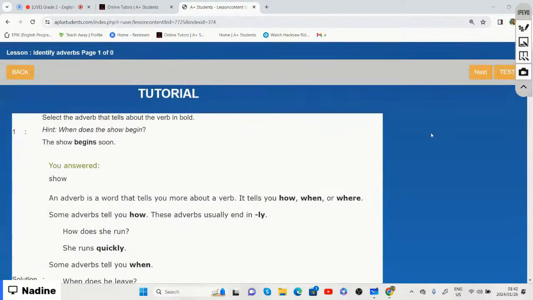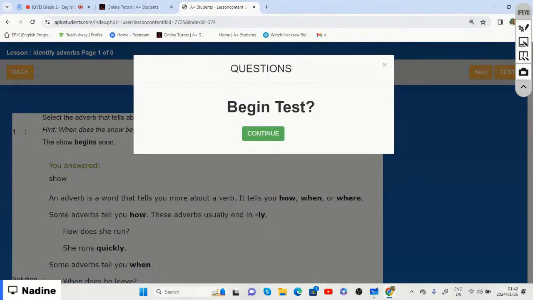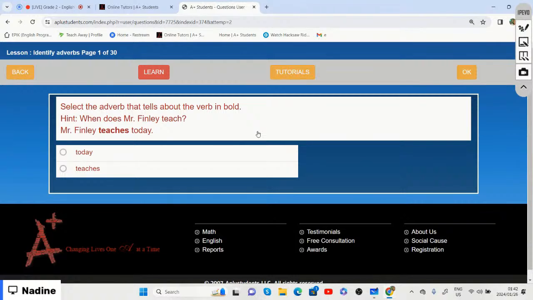Now let's go to a test. This is where we are going to identify adverbs, right? So we need to select the adverb that tells us about the verb in bold. The hint is, when does Mr. Finley teach? Mr. Finley teaches today. So when does he teach?